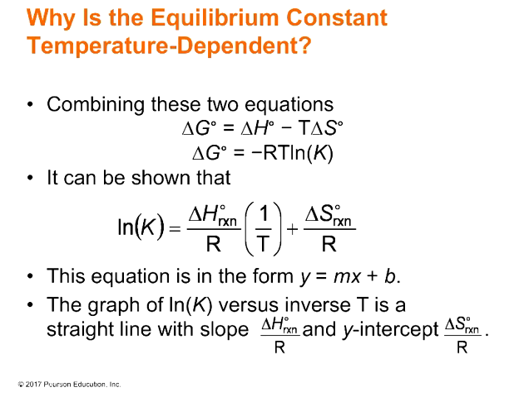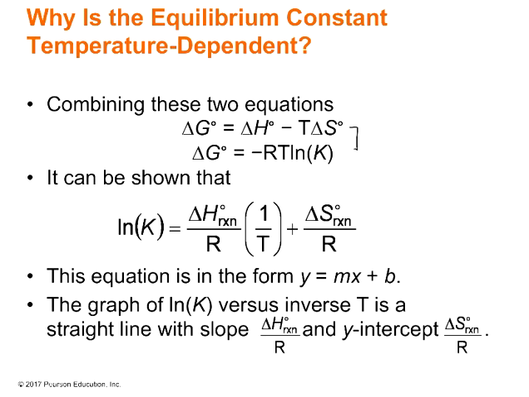All right, so remember that the equilibrium constant can change based on temperature. And down below, we can actually write an equation to show the temperature dependence of the equilibrium constant.